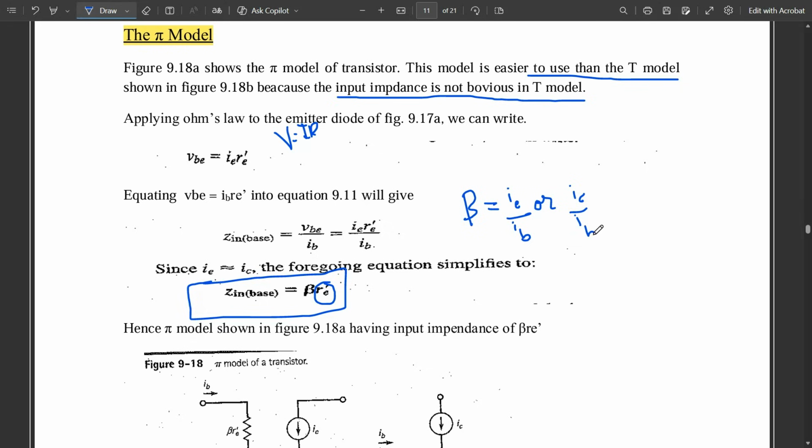You should know this: whenever they ask what you mean by beta, it is called the amplification factor. It can be written as IE divided by IB or IC divided by IB, since IE and IC are one and the same. That's why you get the Z in base equation for a pi model, that is beta into RE dash.